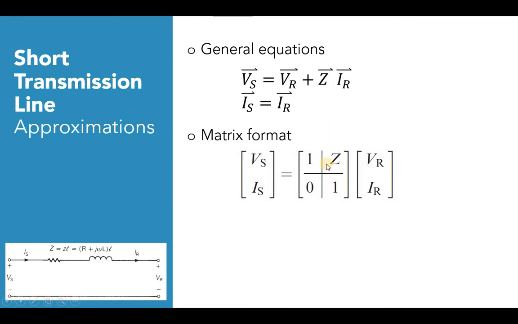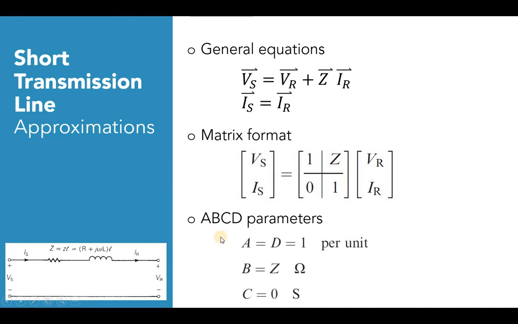This is your B, is Z. And for IS, there is no C. Okay? There's no C. And your D, which is associated with IR, is 1.